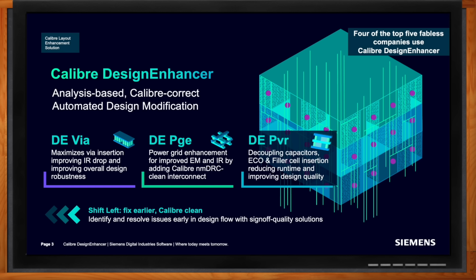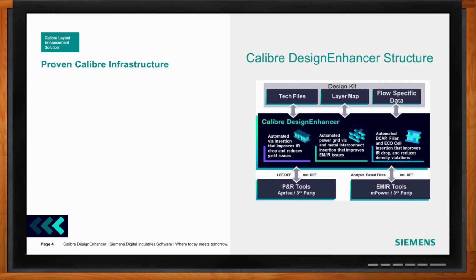So, Jeff, can you walk me through the workflow of Calibre a bit? And how does Design Enhancer fit in here? Well, we know that there are multiple different ways that people can make sure their layouts are created. Our objective is to fit seamlessly into those different design environments, whether from Siemens with their Aprisa or from our competition for their place and route or their full custom editing tool.